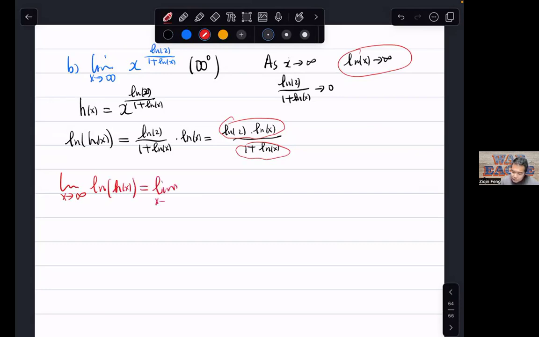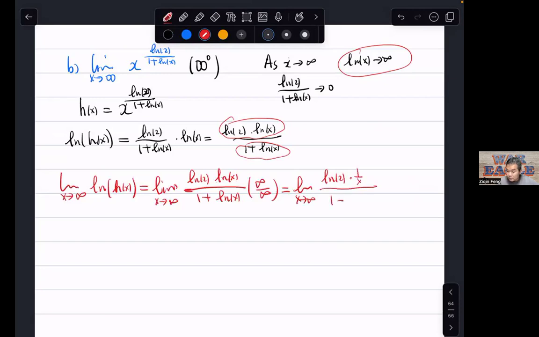As x goes to infinity, natural log of 2 times natural log of x over 1 plus natural log of x is infinity over infinity. We can differentiate: natural log of 2 times 1 over x, over the derivative of 1, which is 0, plus 1 over x. So the 1 over x cancel each other, because the 0, really, doesn't have anything, right? So this is natural log of 2.